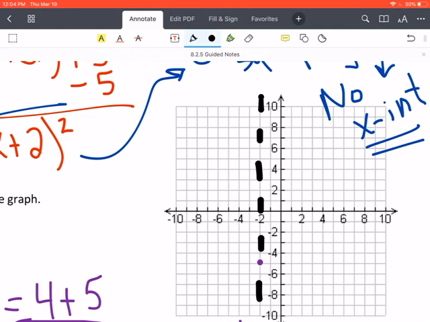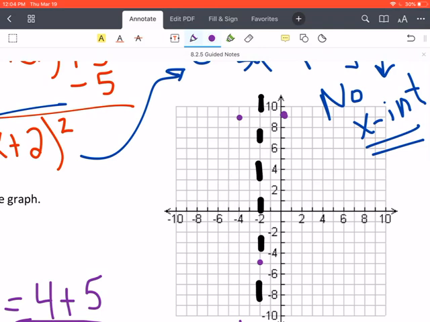And then we know that the y-intercept is 9. And then from there, we can mirror image that y-intercept by counting and seeing that it's 2 away from the line of symmetry. So then we're going to count 2 in the other direction, and there we go. So this is going to be a very skinny parabola.